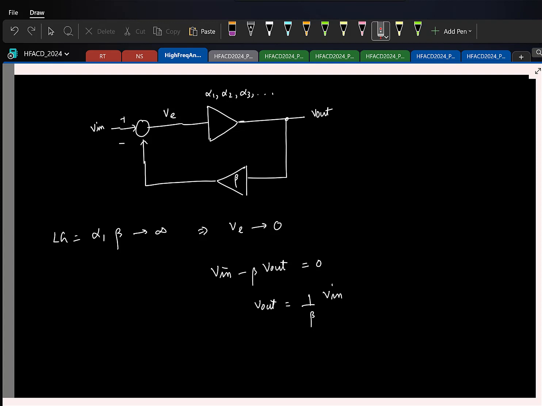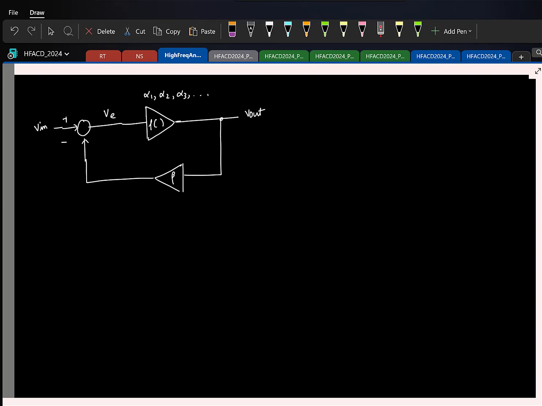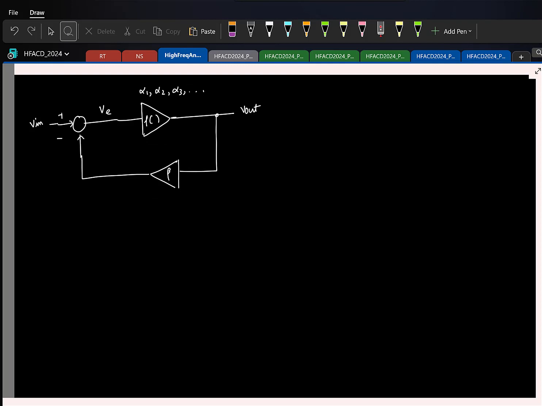So you can also understand it from a different perspective. So let me copy it once again. So let us say this is some nonlinearity f. So I can view what's happening in the system as follows.